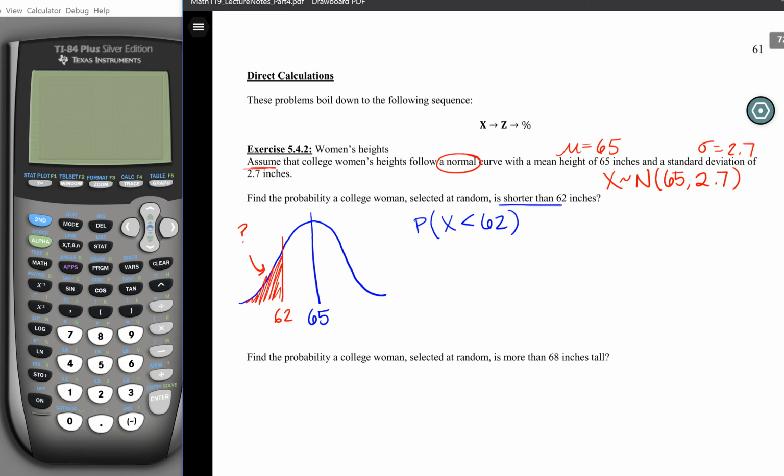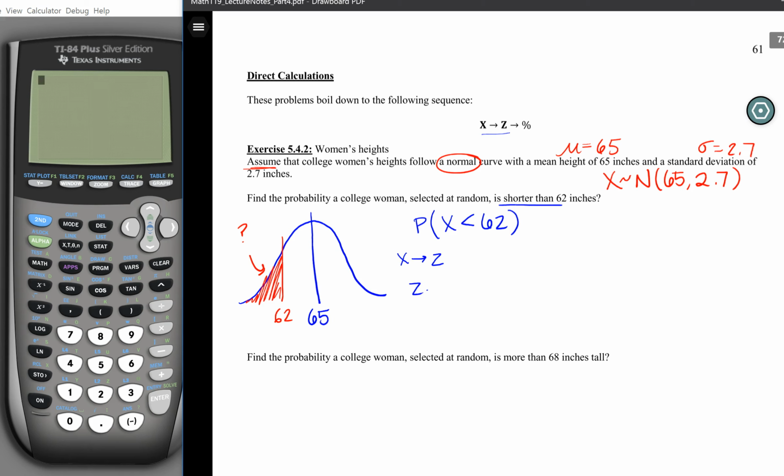Now, looking up here, we have our first step: we need to turn that x into a z-score. We don't have a table that is centered at 65. We do have a table that is centered at 0. So if you wanted to do this by hand using the table, your first step is to convert that x to a z-score.